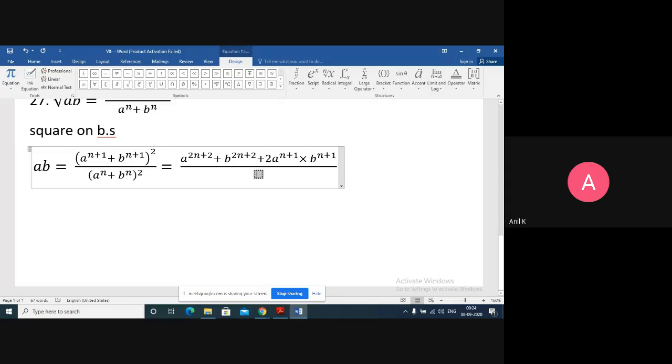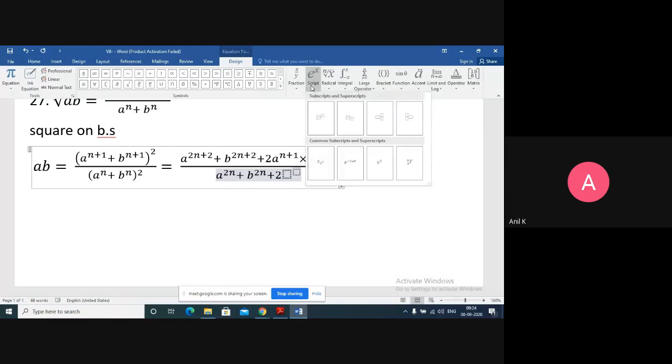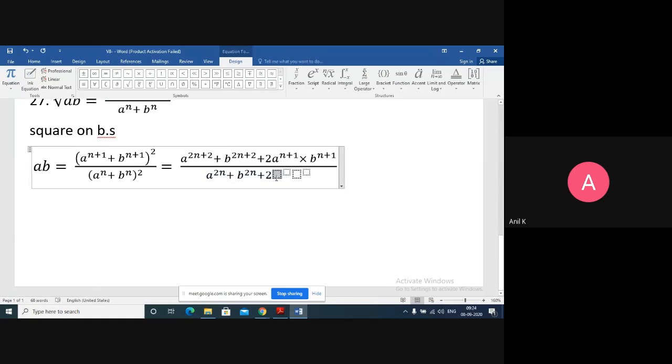Now do the opening for the denominator, a to the power of 2n. So here I'll get a to the power of 2n, then plus b to the power of 2n, plus 2ab, that is 2 times a to the power of n, b to the power of n.